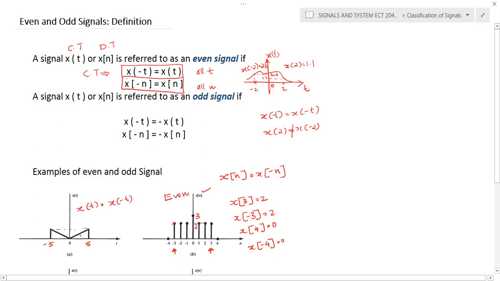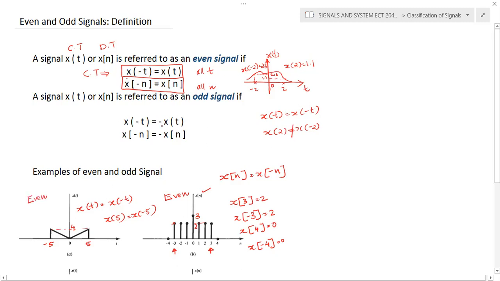If at x of 5 the signal magnitude is 4, we obtain the same value at x of minus 5. So we are getting the mirror image. An even signal means we get exactly the mirror image about the vertical axis. So this is also an even signal.